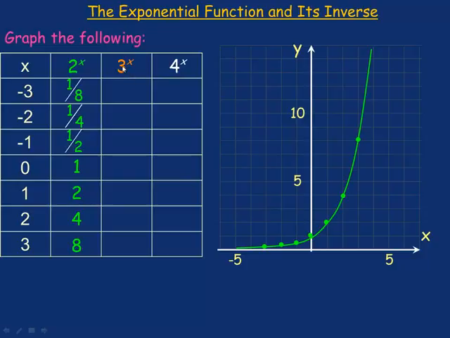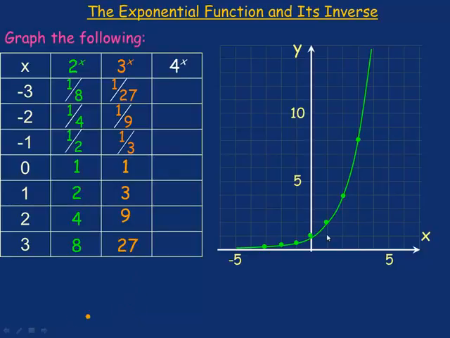For the next one, y equals 3 to the x, we would first evaluate 3 raised to the power of -3, so that's 1 over 3 cubed, or 1 over 27. And then 3 to the -2 would be 1 over 3 squared, or 1 over 9. 3 to the -1 is a third, 3 to the 0 is 1, 3 raised to the power of 1 is 3, 3 squared is 9, and 3 to the power of 3 is 27.